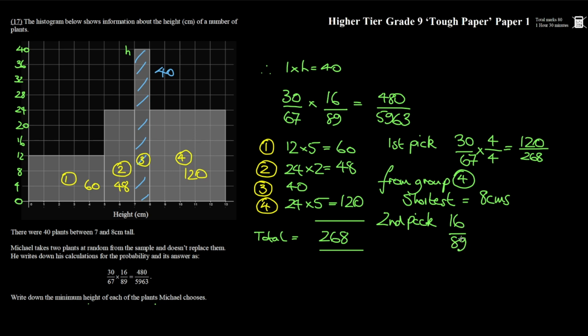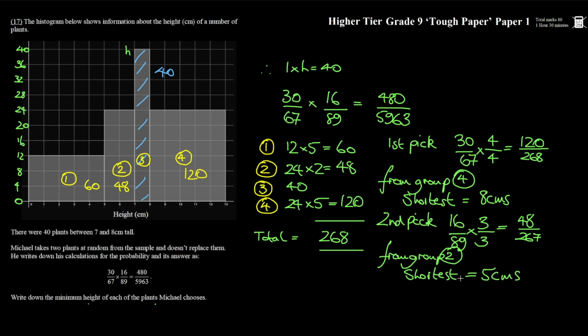And if I multiply 89 by 3, I will get up to 267. So multiplying his probability by 3 over 3, I get 16 times 3, which is 48 over 267. Well, clearly his pick must have come from group 2, and the shortest stem there is 5 centimetres.